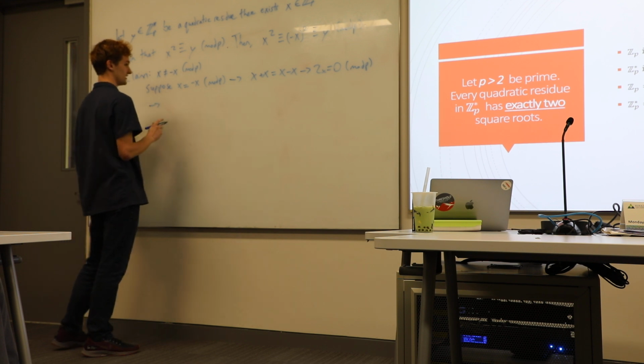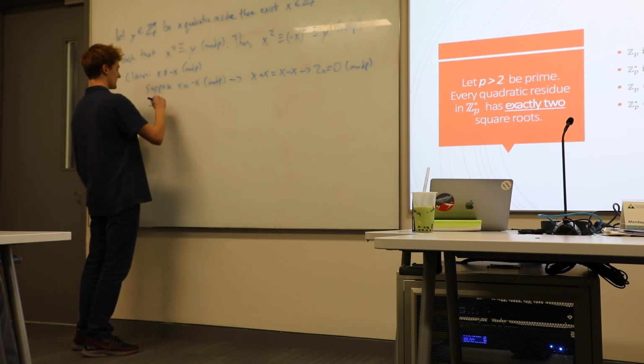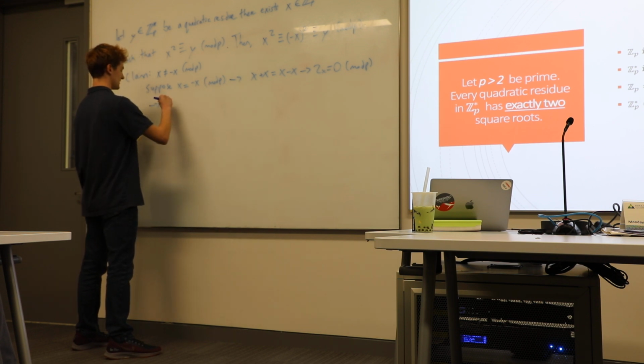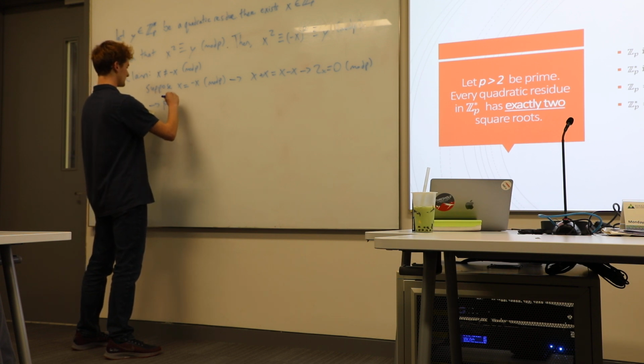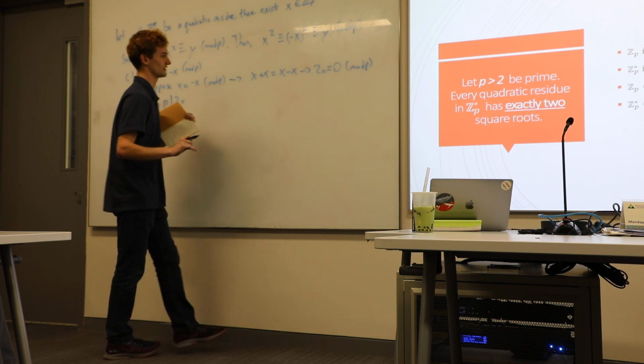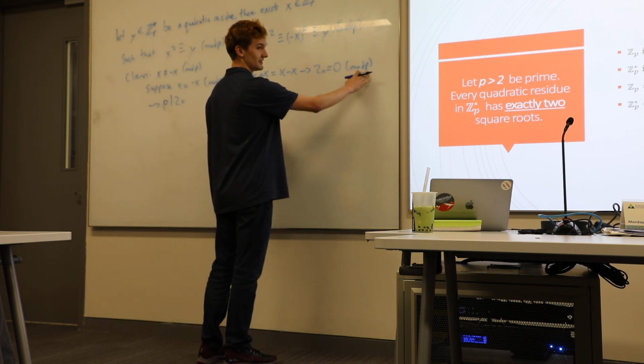From that, we can write that p divides 2 times x, since the remainder when you divide 2x by p is equal to 0.